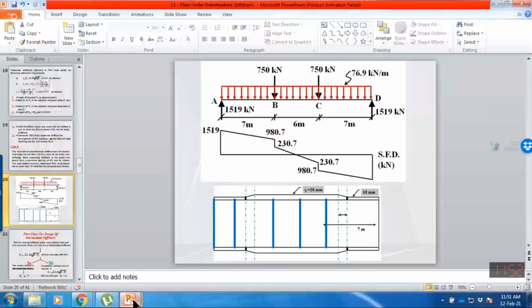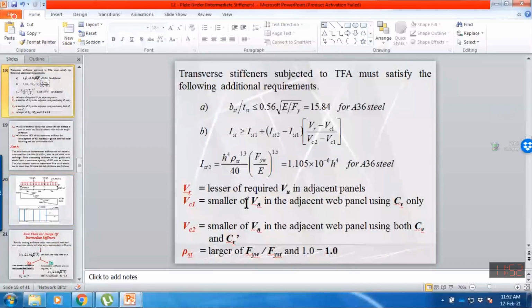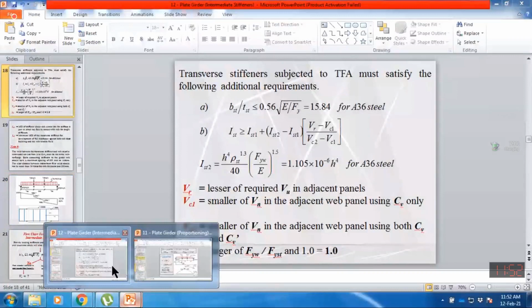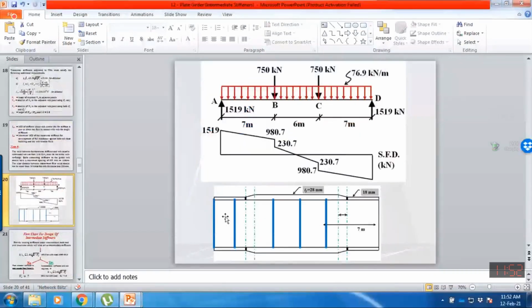And similarly, V_c1 is the smaller of V_n in the adjacent panel using C_v only. Here we need to check, since I'm designing this stiffener, we are having one panel on one side and one panel on the other side. So you need to check which panel on either side is having less web buckling strength without tension field action.